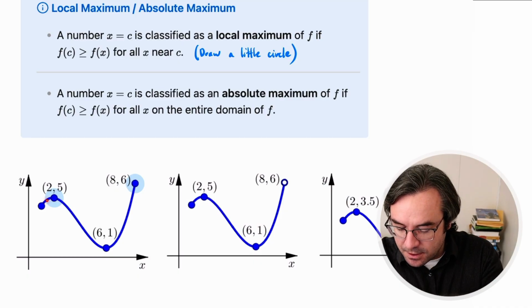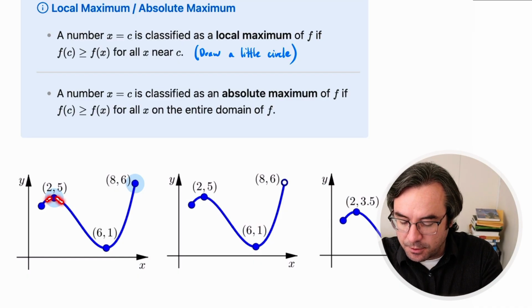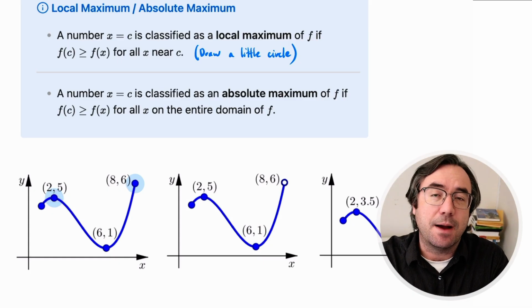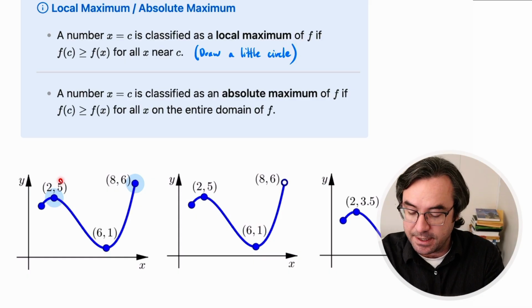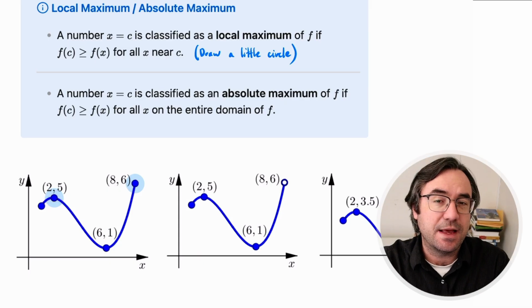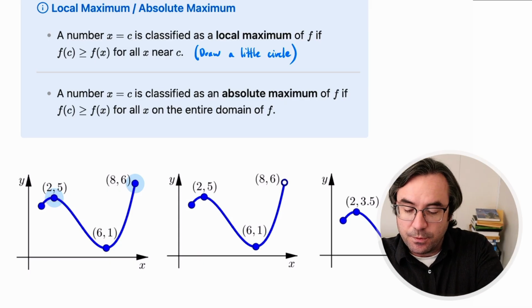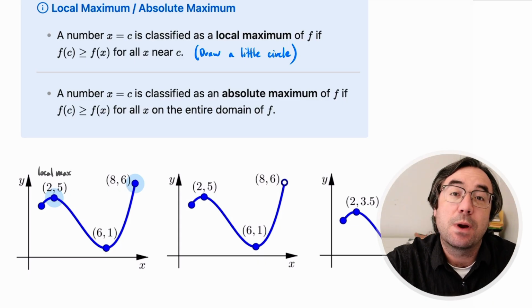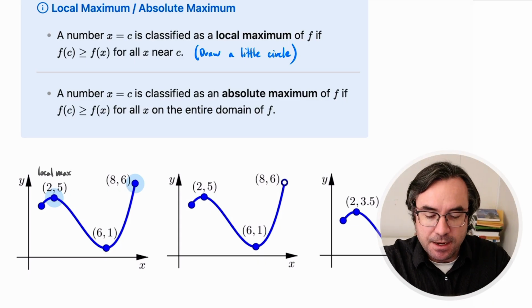Yeah, that point is higher up. The y-coordinate is bigger than the y-coordinate for all of the surrounding points in that little circle. So we would consider this a local max, or sometimes we say relative max, same thing.